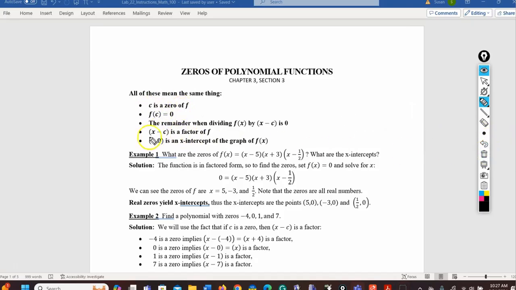If c is a zero, x minus c is a factor. And if c comma 0 is an x-intercept, then c has to be a real number. So if you find an x-intercept on the graph, it's automatically a zero.